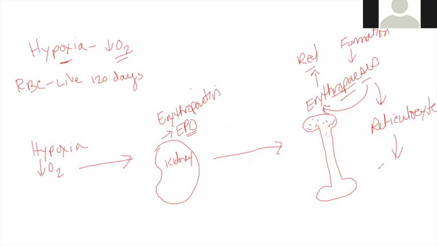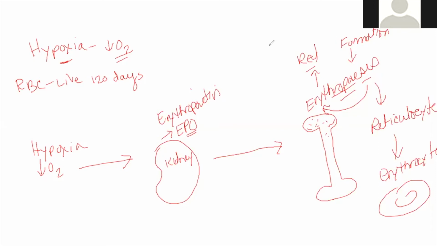And then this is going to become an erythrocyte, a more mature red blood cell. And as long as we're taking care of having all the components that we need in our diet, if we are healthy, we should produce normal red blood cells.